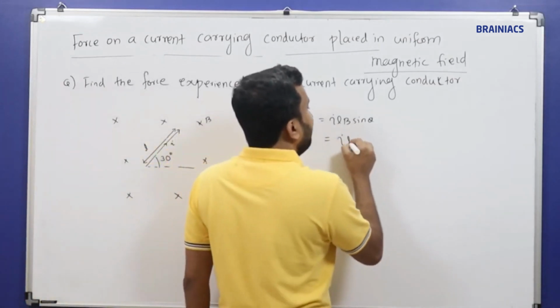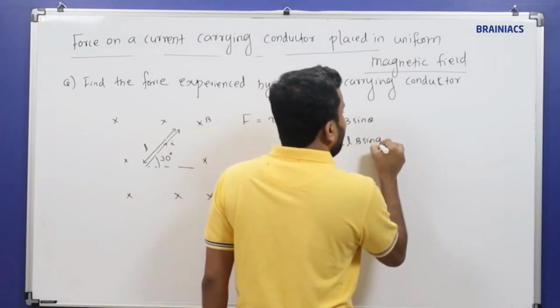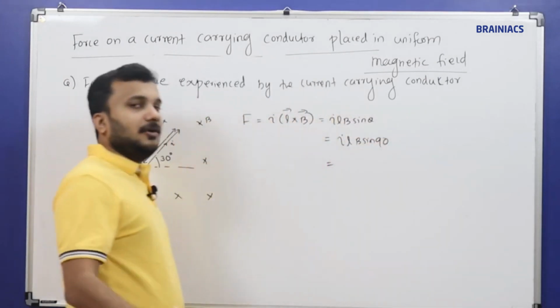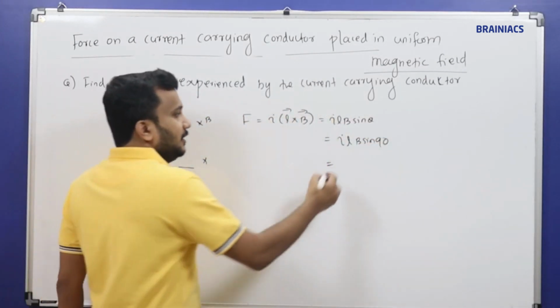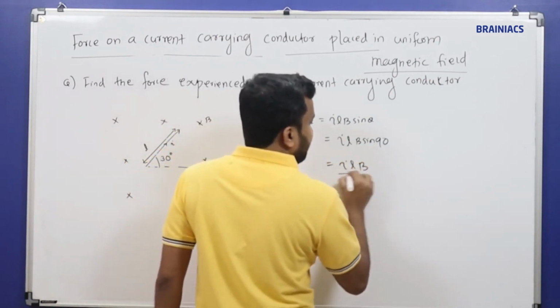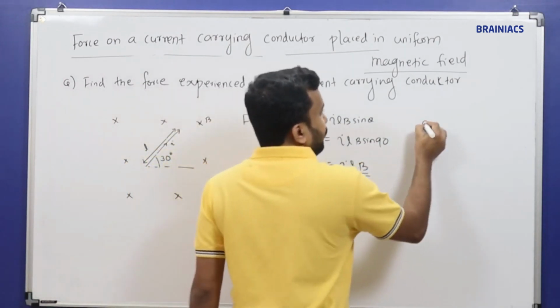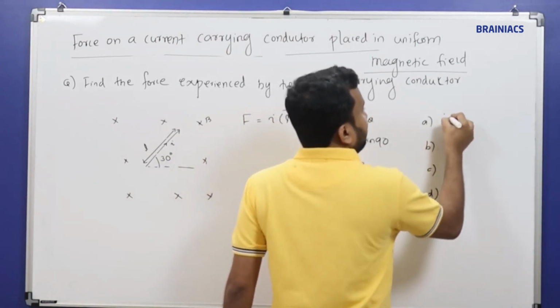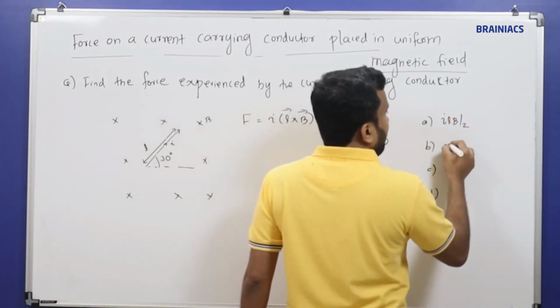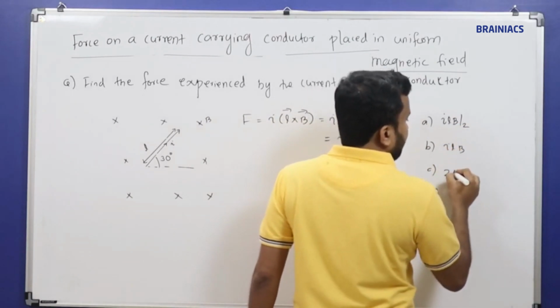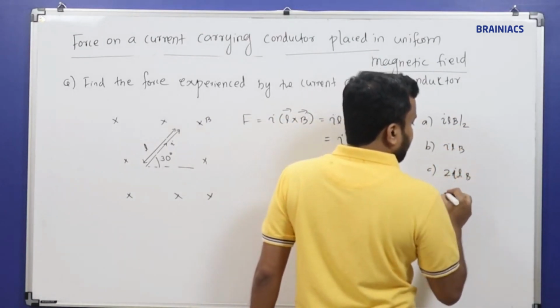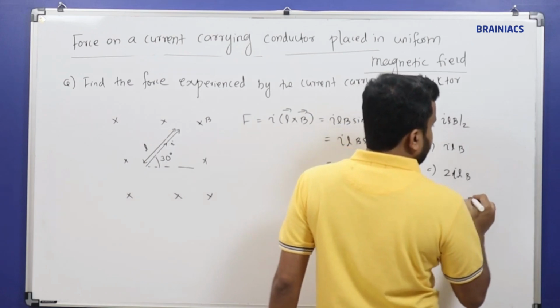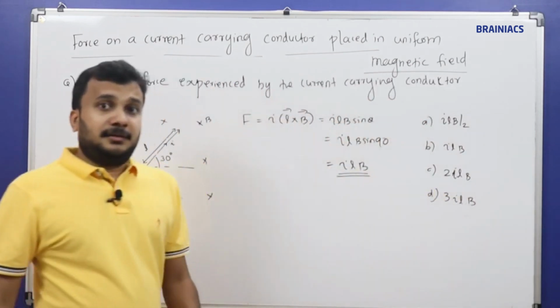So which means I L B sine 90. If you put 30, gone. You will get I L B. I L B is the right answer. In the four options, the options will be formulated like this: I L B by 2, I L B, 2 I L B, and 3 I L B, something like this.